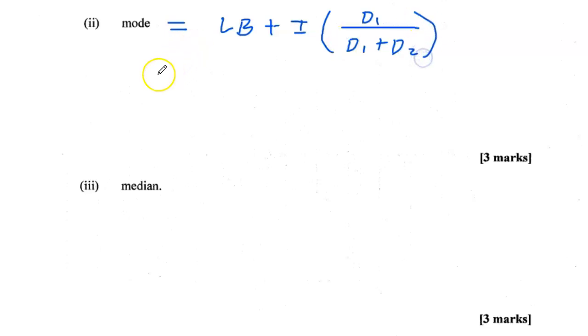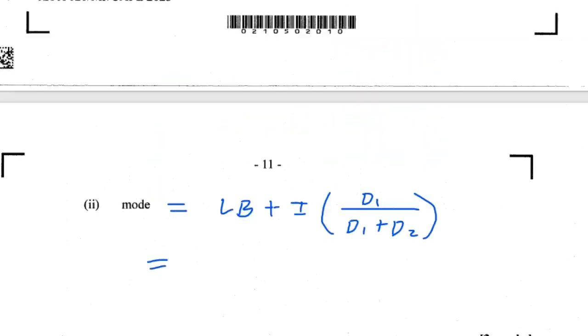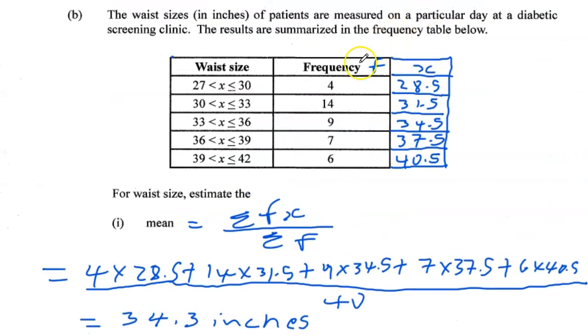That's one of the formulas, a couple of them, both saying the same thing. Now, if we go back to the table, let's find the lower boundary. The highest frequency is where the mode is. 14 is the highest frequency, so the mode is somewhere between 30 and 33.